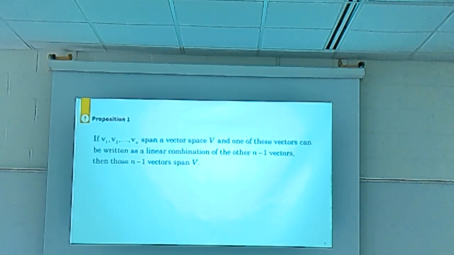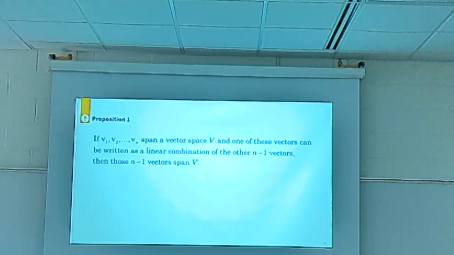If vectors v1 through vn span a vector space V, and one of the vectors can be written as a linear combination of the other n-1 vectors, then those n-1 vectors span V. So you have a set of vectors that you know span your vector space, and one of the vectors is a linear combination of the others.